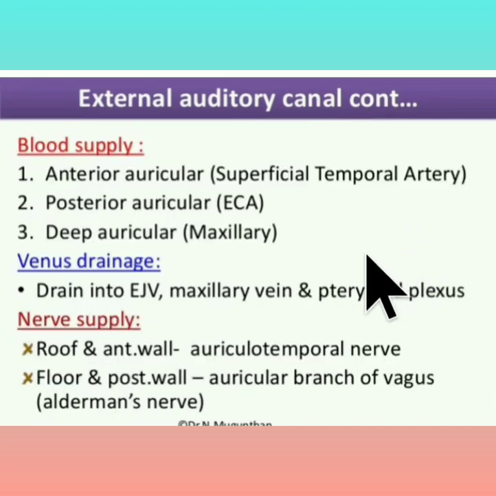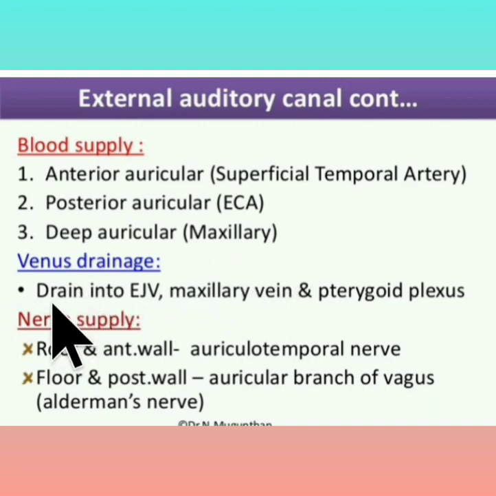Blood supply of the external ear. The blood supply is by the anterior auricular artery, a branch of the superficial temporal artery; the posterior auricular artery, a branch of the external carotid artery; and the deep auricular artery, a branch of the maxillary artery.